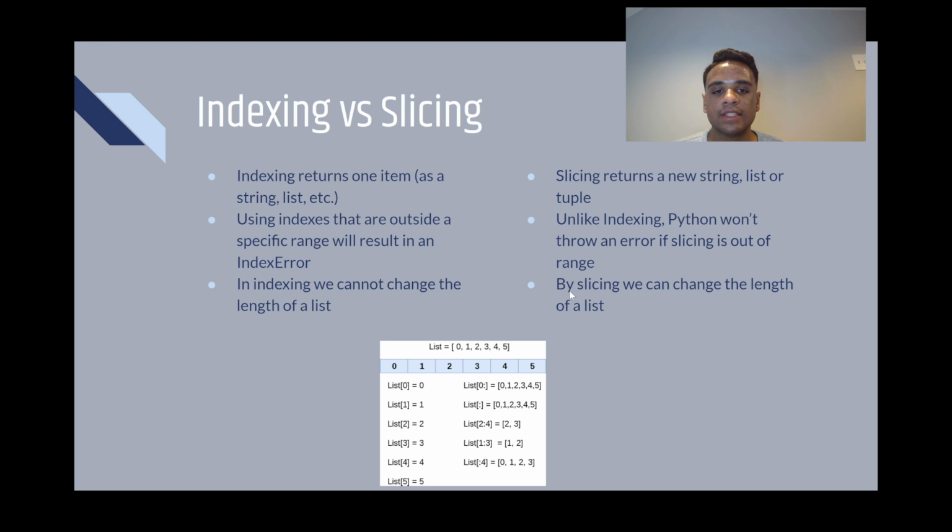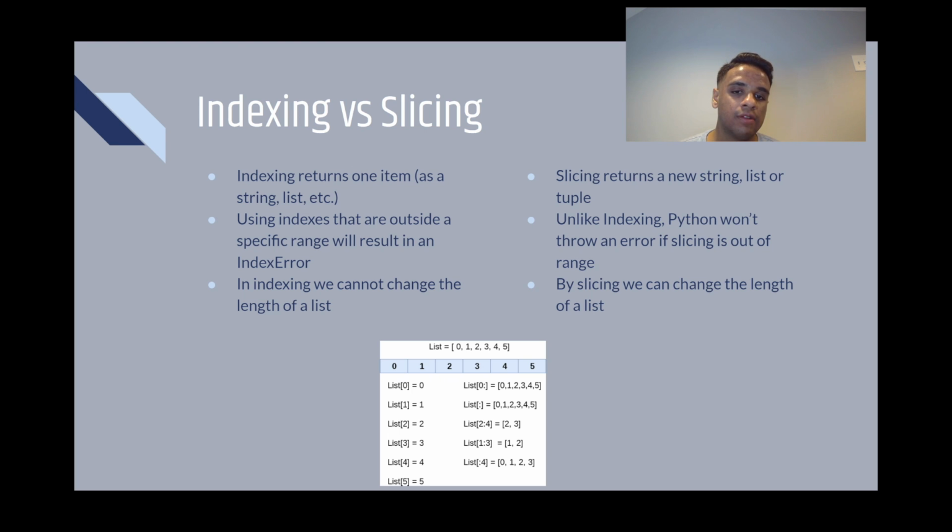So if I said list from 4 to 6, meaning start at the 4th index and go up to the 6th index, but not including the 6th index, I'll get 4 and 5, which is the 4th and 5th position. Also, if I said list of 4 colon 7, I'll go up to the 7th index, but not including it.